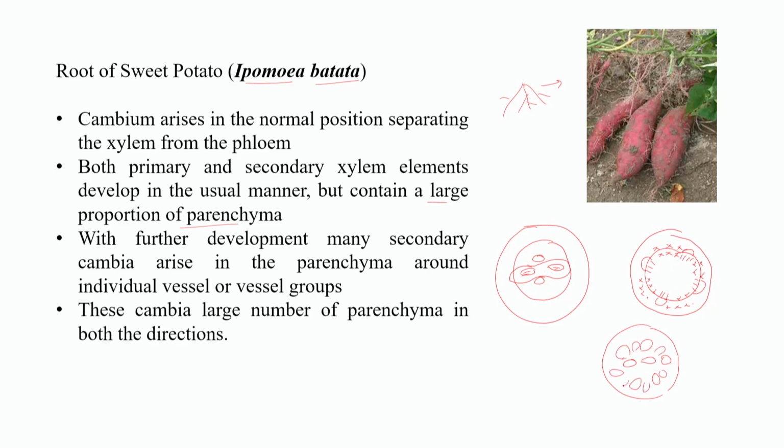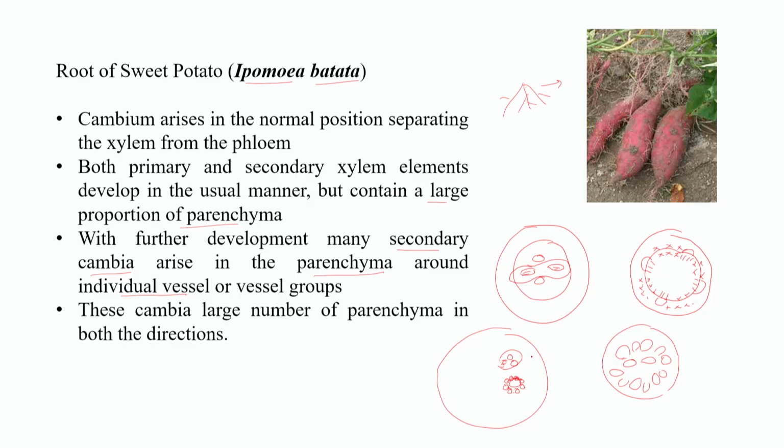Now again what will happen, some secondary cambia will arise in the parenchyma around individual vessels. Suppose in these vascular bundles you have a lot of vessels. Around those vessels also some parenchyma will arise, and they will form parenchymatous tissue.